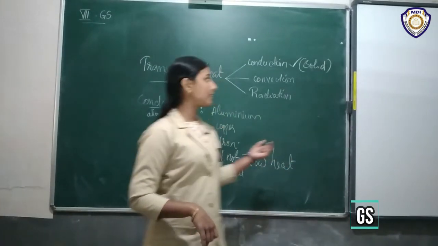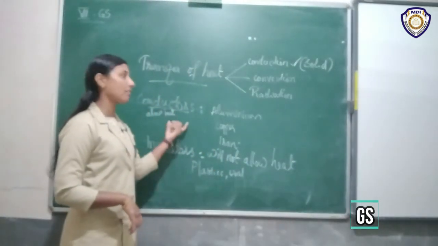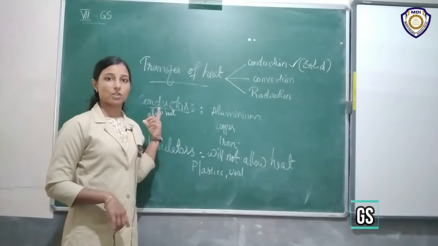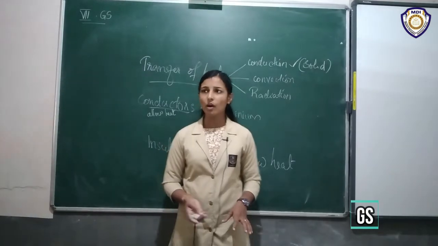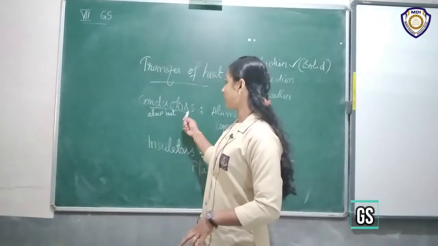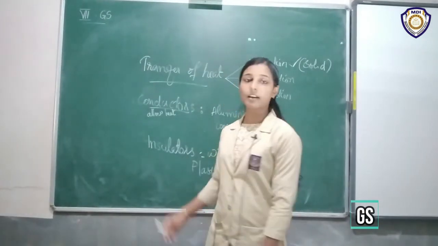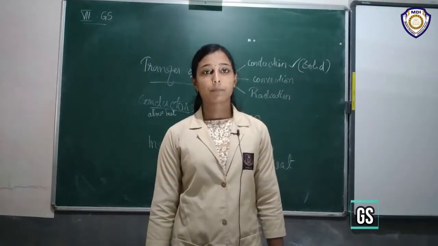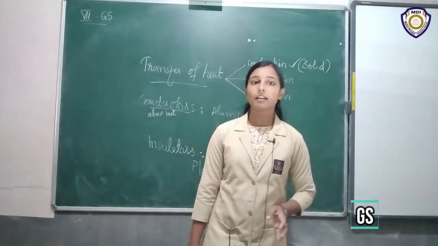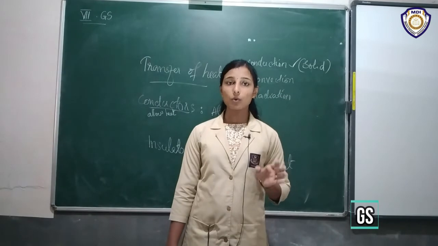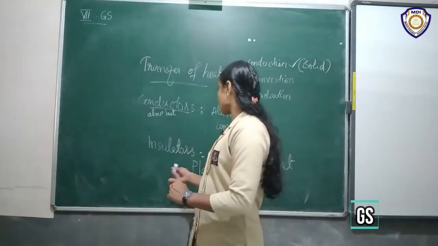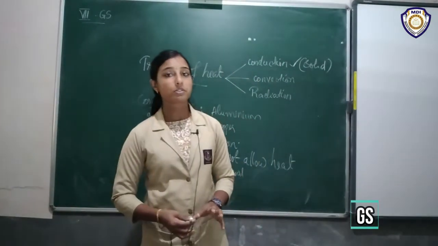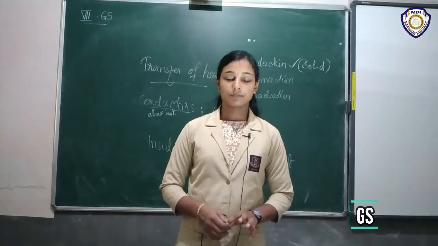Okay, so in between these conductors and insulators, we have a semiconductor classification that you will study in higher classes, right? So now you have understood what are conductors and what are insulators. Conductors are the substances that allow heat to pass through them easily, and insulators will not allow heat to pass through them easily.